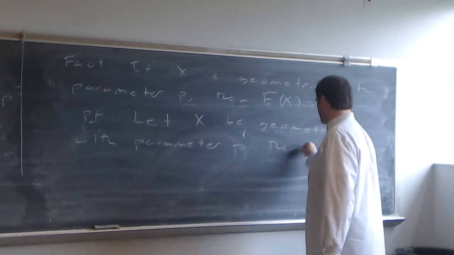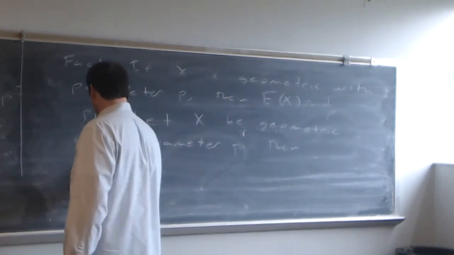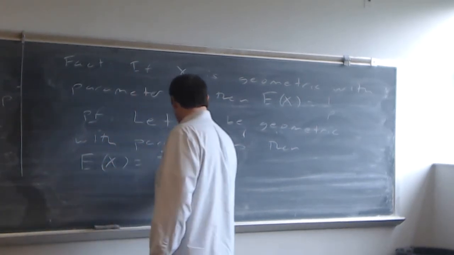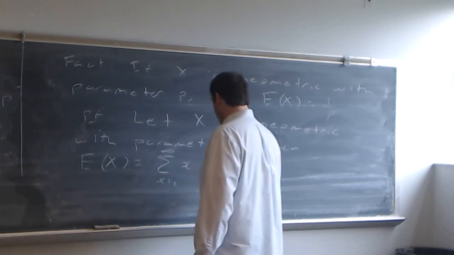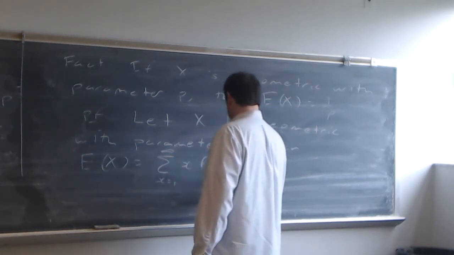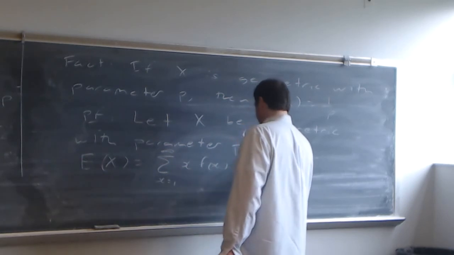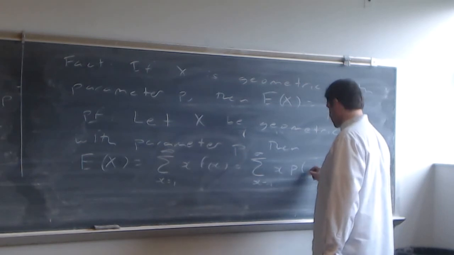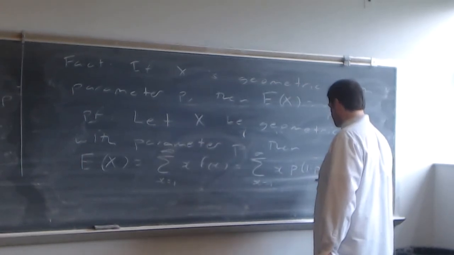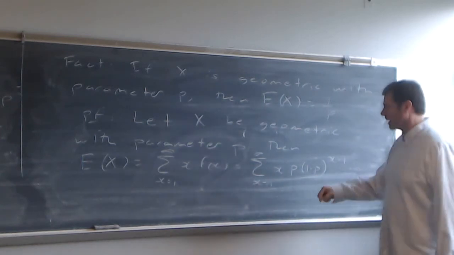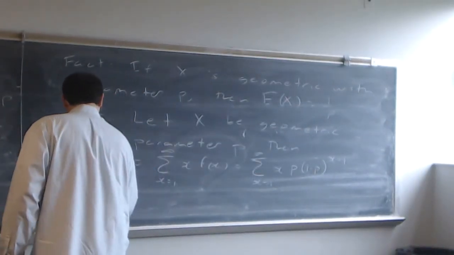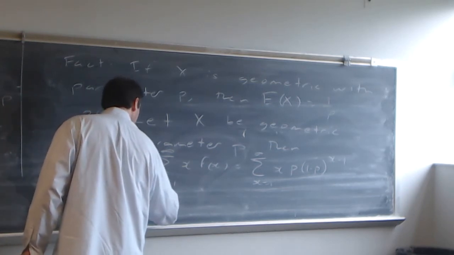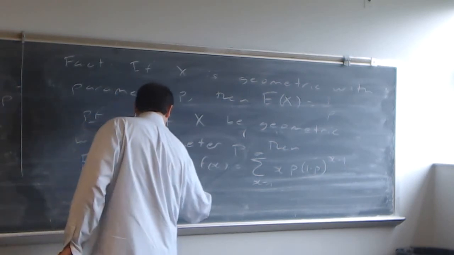Then the expected value of x, a discrete random variable, is the sum over all x values from 1 to infinity of x times f of x, which is the sum as x runs from 1 to infinity of x times p times (1 minus p) to the x minus 1. I can pull out p, and I will. So symbolically, I've got p times a sum as x runs from 1 to infinity of x times (1 minus p) raised to x minus 1.